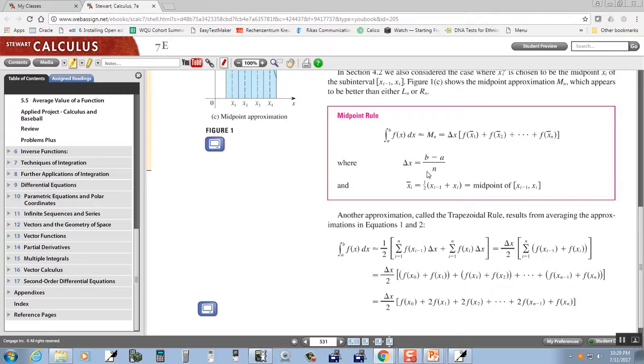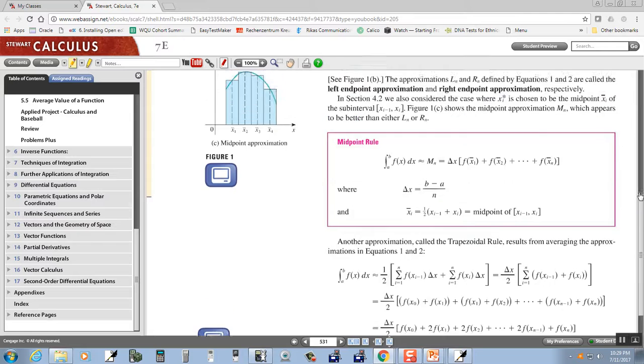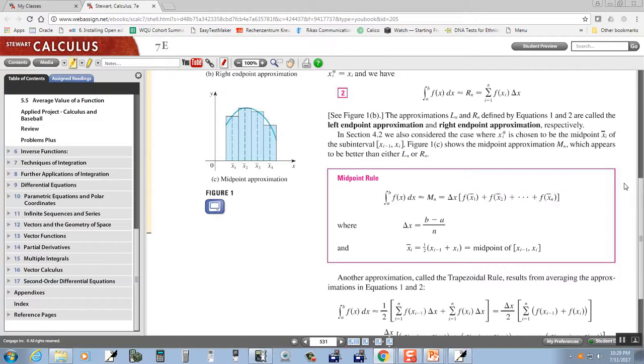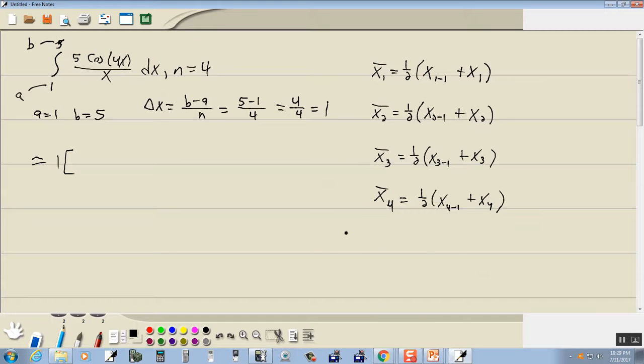Now, even more important than that, though, is the picture. I think it's an easier way to think of it. So we got this value, this picture right here. Let's draw it. Now, I don't care what the graph looks like. That doesn't really matter. But here we're starting at 1.